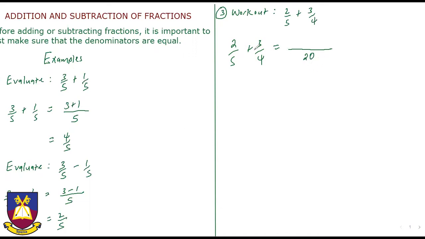Okay, so let's add. 20 divided by 5, that's 4. 4 times 2 is 8. Plus 20 divided by 4, that's 5. And 5 times 3 is 15. So we shall end up with 23 over 20.